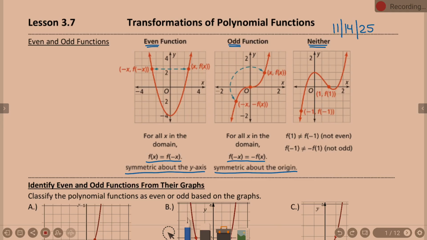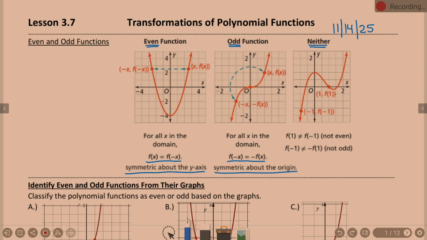If it fails the other 2, it falls into the neither category. In this example, if this right here was the origin, this would actually be an odd function. But because it is off-center, it falls into neither category.